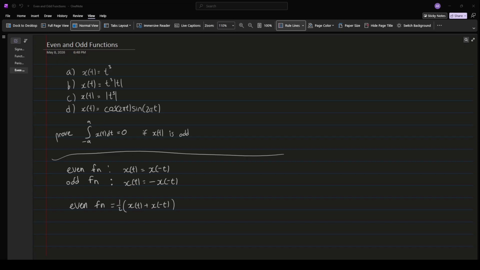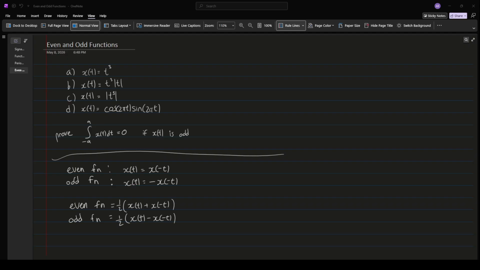And then for odd functions, it's the same thing, but we plug in the odd function property, so we do x of t minus x of negative t. So that's pretty much it. With that, we can solve the first couple problems, A, B, C, and D.